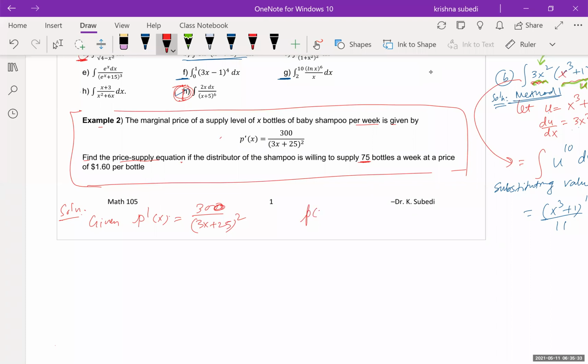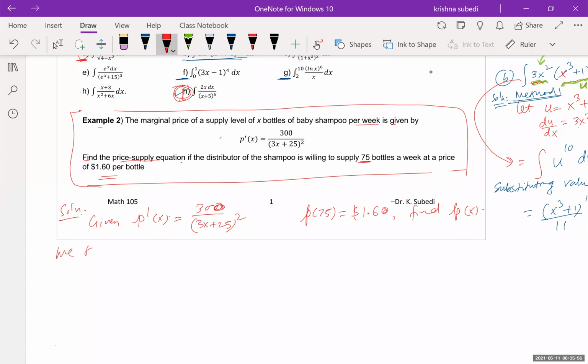P of 75 is $1.60. So this is given. Now you need to find the price P of x. That's what you need to find.